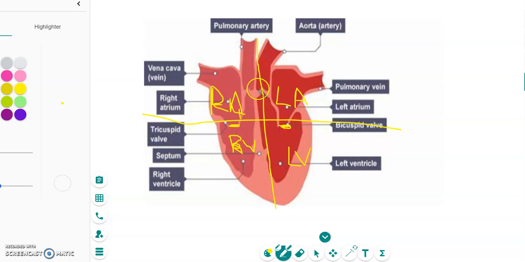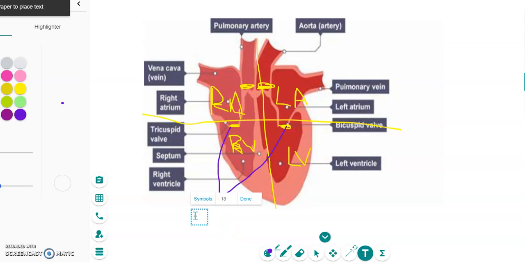And there are 2 types of valves. We have our semilunar valves and our atrioventricular valves. So these are your atrioventricular valves, or your AV valves.